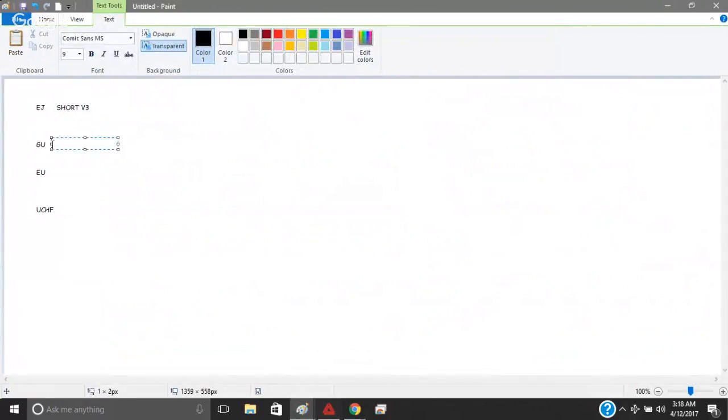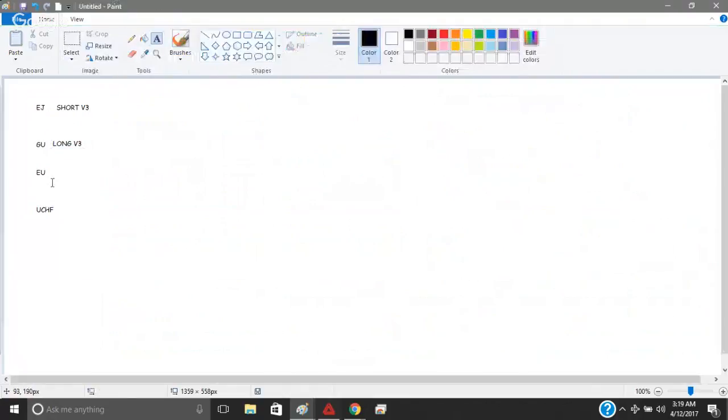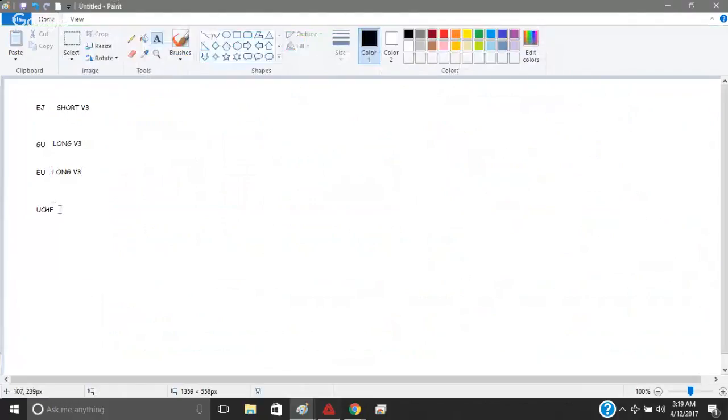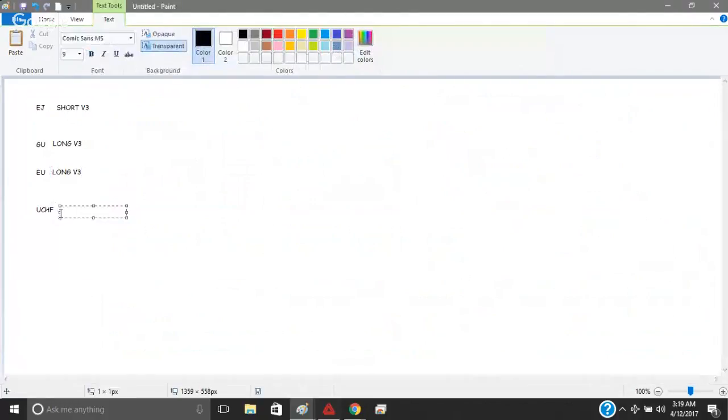For this one, I'm looking for long, vector 3. And let's just say I'm looking for this one to go short, vector 3, because these two are opposite right in here.